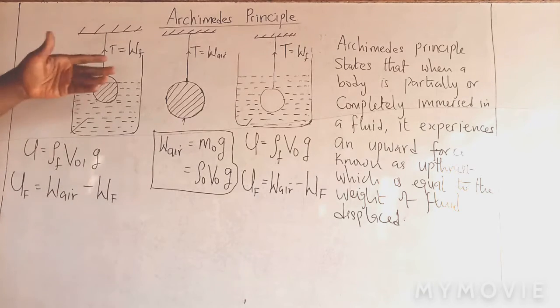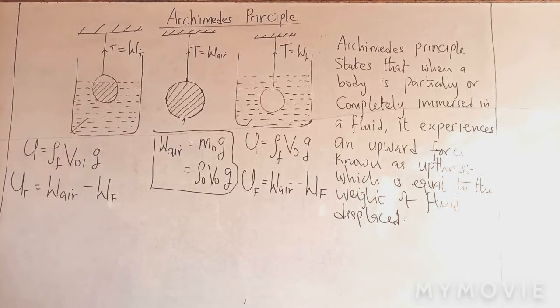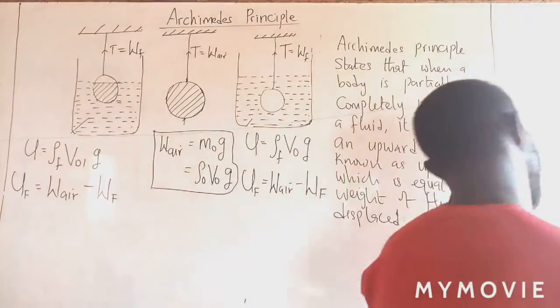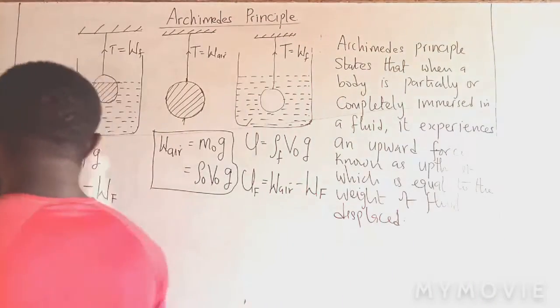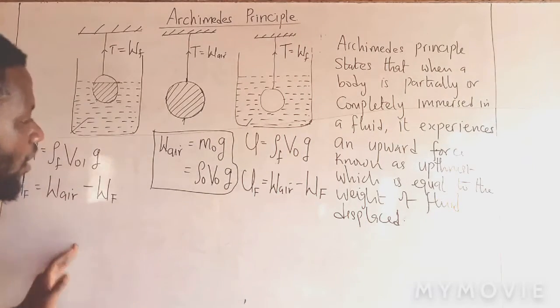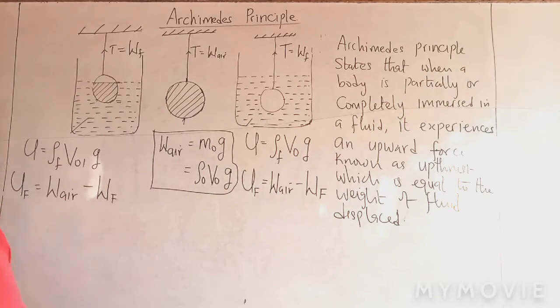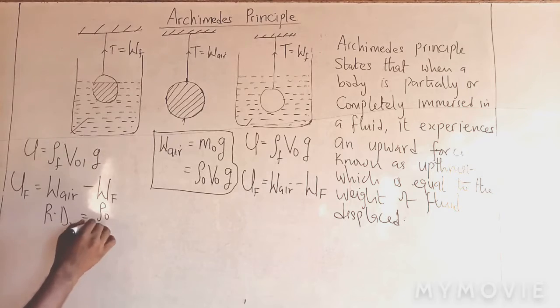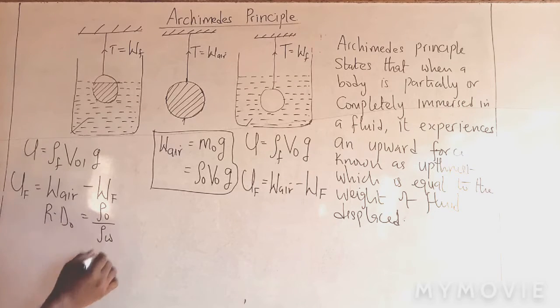But we can use Archimedes principle in an application in such a way that we use it to find what is called relative density. Either relative density of objects or relative density of a liquid. So what is the relative density of objects? Relative density of objects is equal to density of objects over density of water.